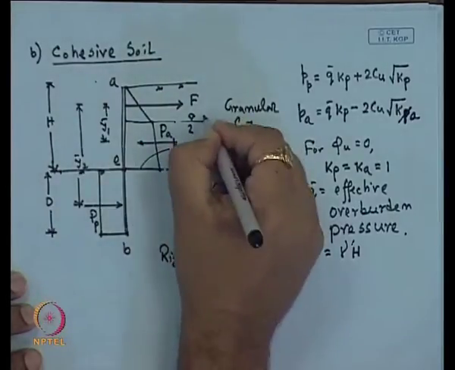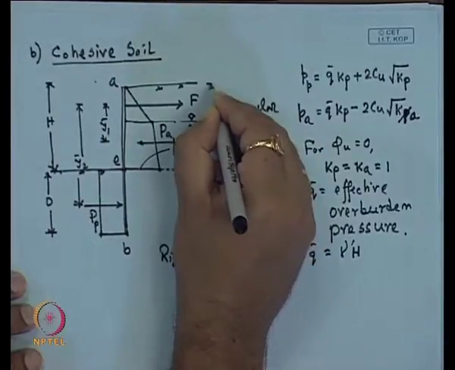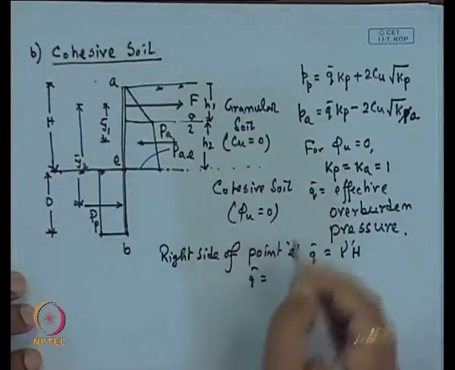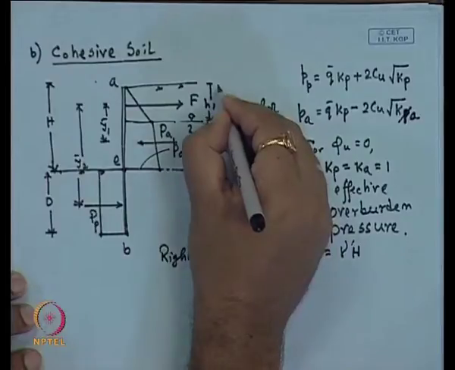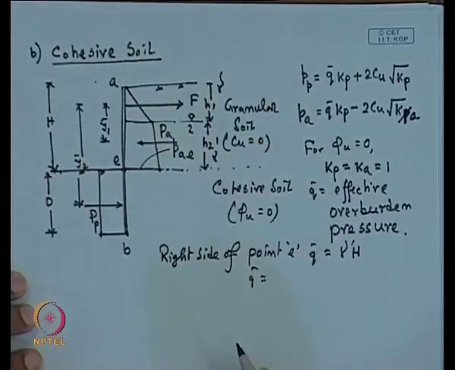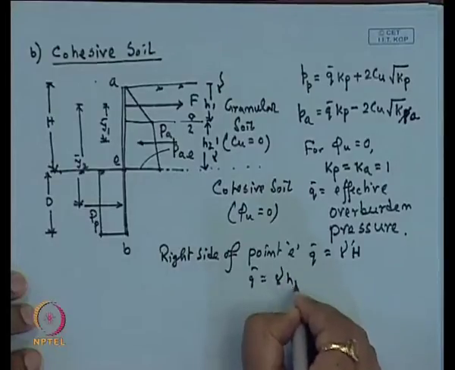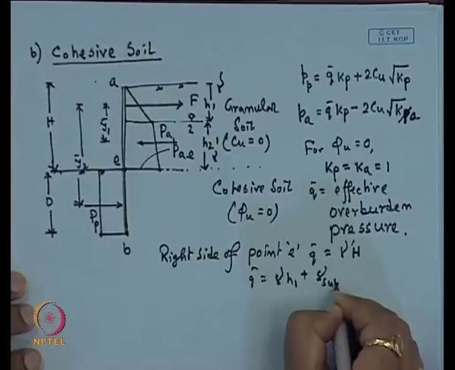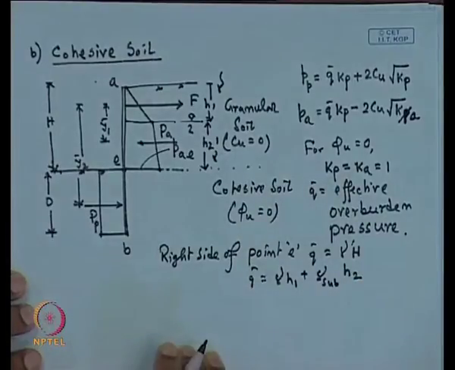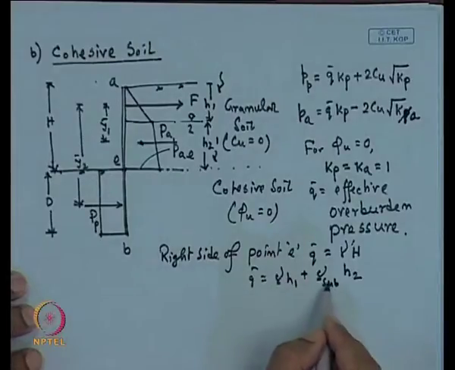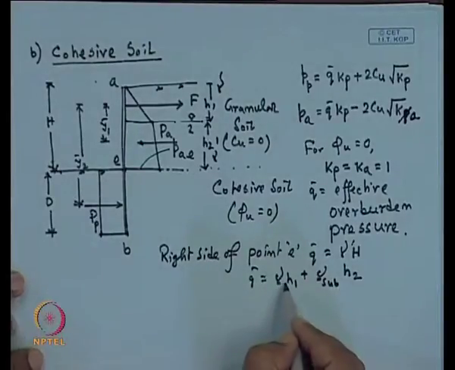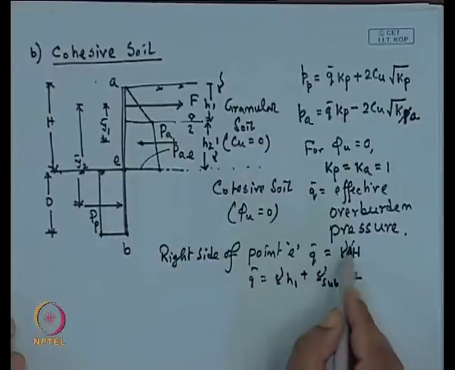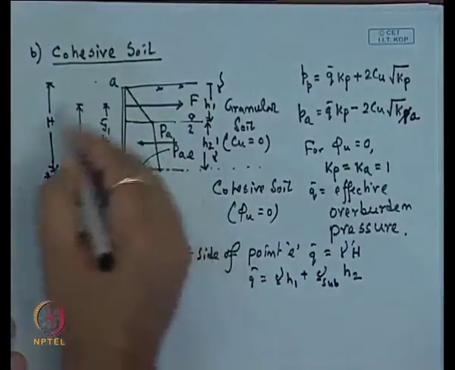If this height is capital H 1 and this is capital H 2, with gamma and gamma dash as densities, then this will be gamma into H 1 plus gamma dash into H 2. This gamma is the unit weight of the soil in natural condition and gamma dash is the submerged unit weight of the soil. In this way we can determine, but for this calculation we are considering gamma dash H.